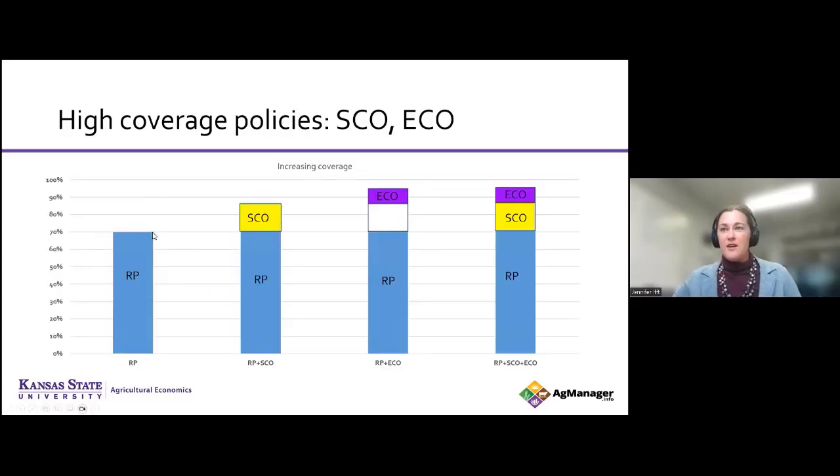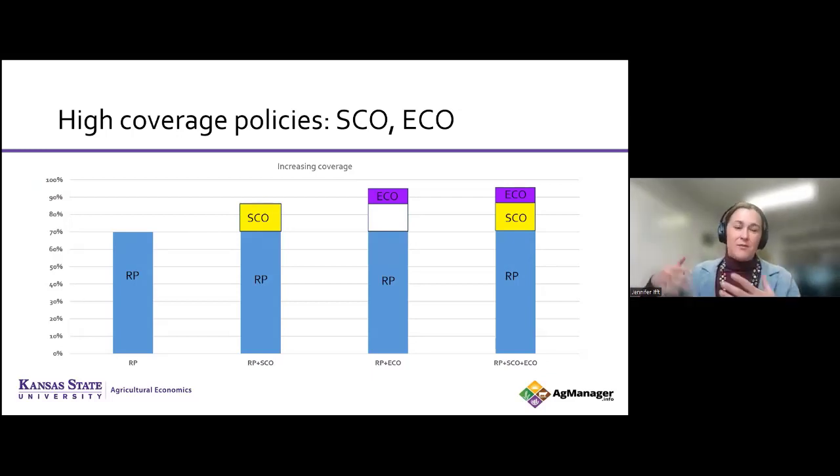Now, in this chart, here is a visual for what SCO does. Let's say you have an underlying revenue protection policy at the 70% coverage level. SCO takes you up to 86%. That guarantee is based on your own guarantee, but the trigger is based on the county.